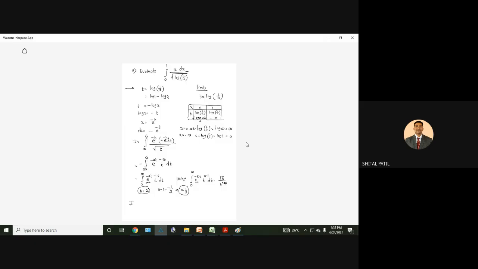So the value of the integral is gamma n divided by k raised to n, gamma half divided by k raised to half. Root pi. 2 raised to half means root 2. This is the answer. Root pi by 2 is the answer. Hope you might have understood it. Next.